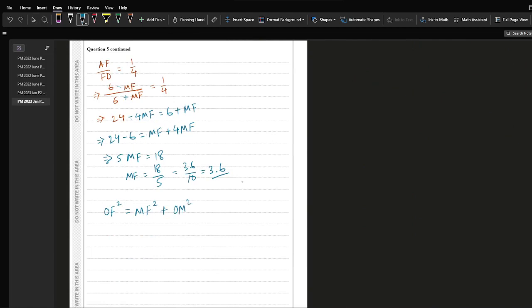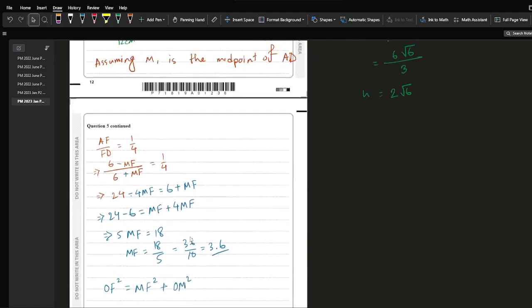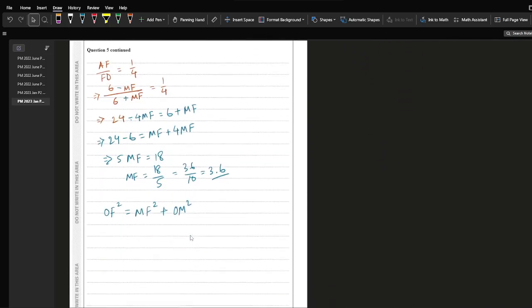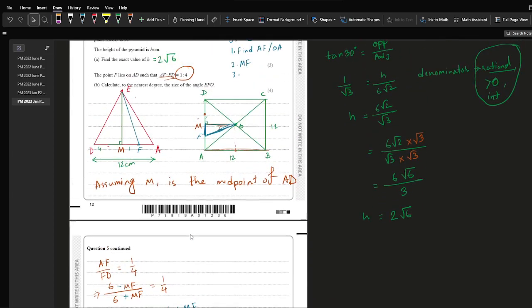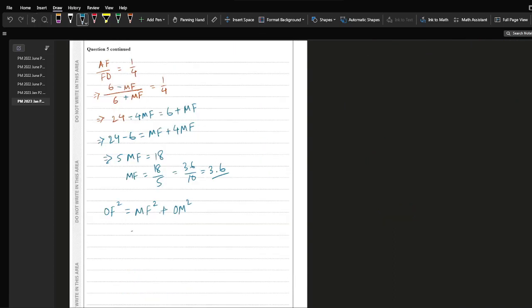Sorry, I'm extremely sorry. So we have MF, which is 3.6 squared, and OM is 6 squared. My brain's not working today. Square root of this. So this whole thing comes up to 6 root 34 divided by 5.